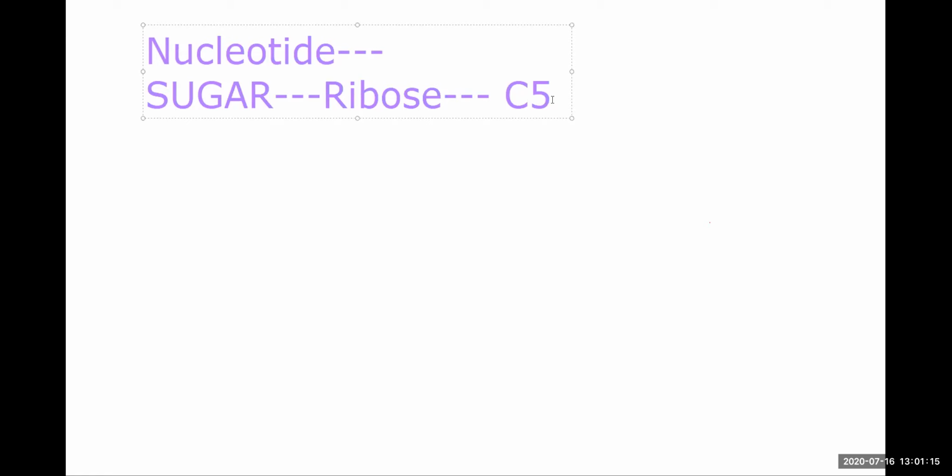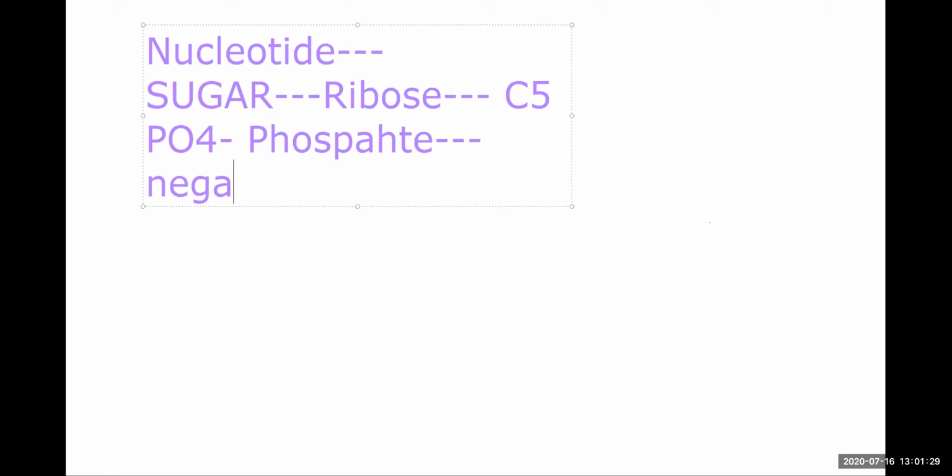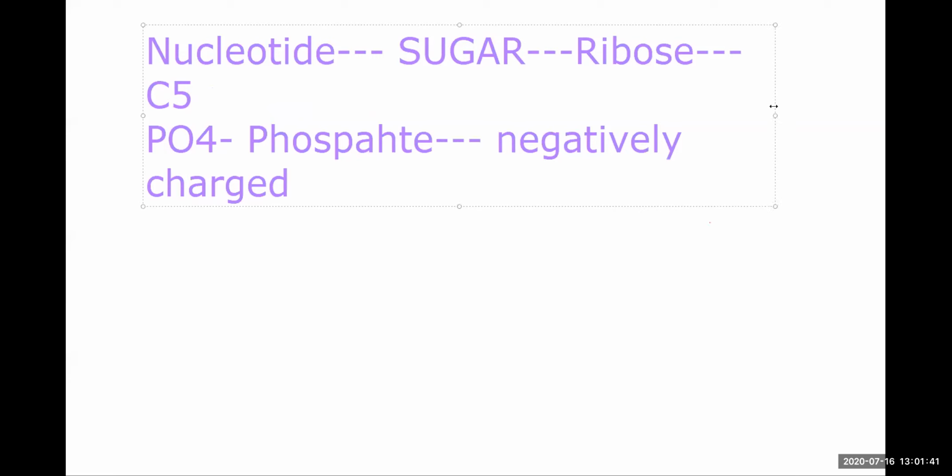The second component is phosphate, PO4. This phosphate makes DNA and RNA negatively charged.